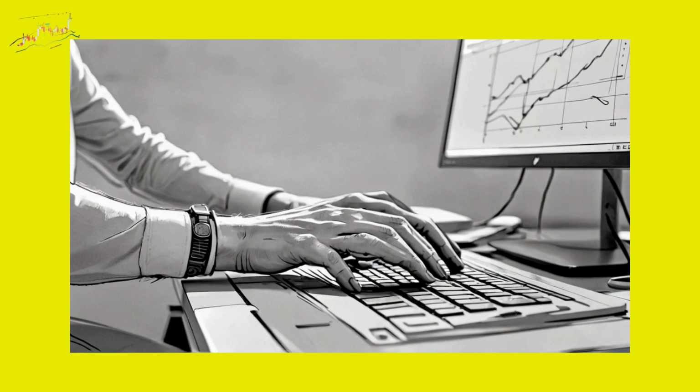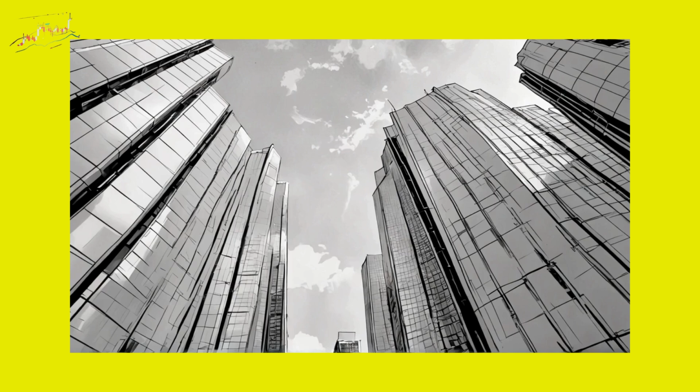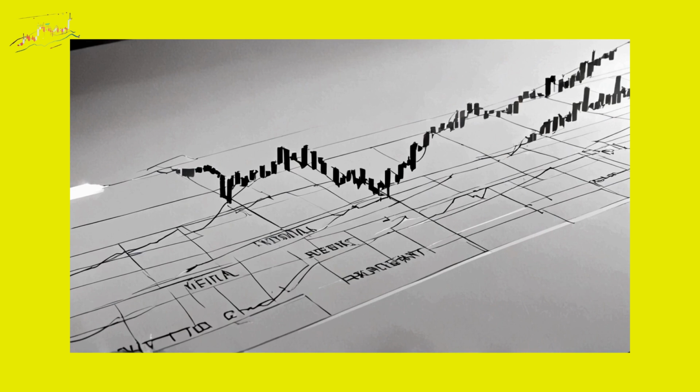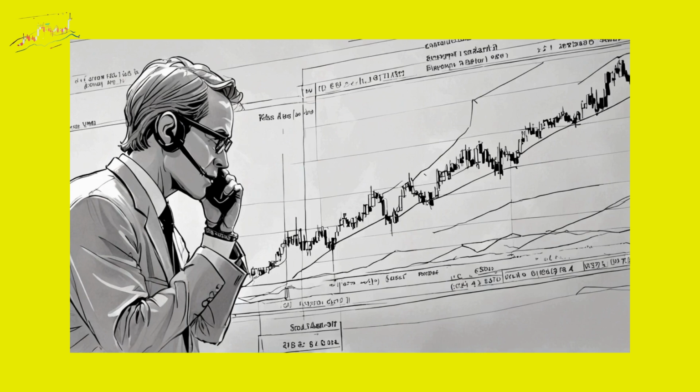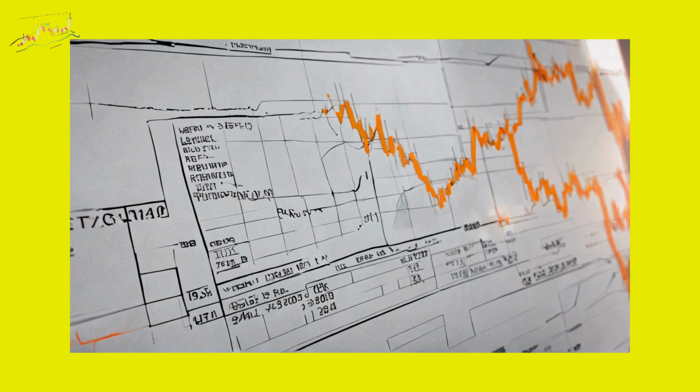When the MACD line crosses above the signal line, it suggests that momentum is building to the upside, a bullish signal. We're catching a big wave and riding that momentum. If it crosses below the signal line, momentum is starting to fade, so it might be time to hop off the wave before it crashes.